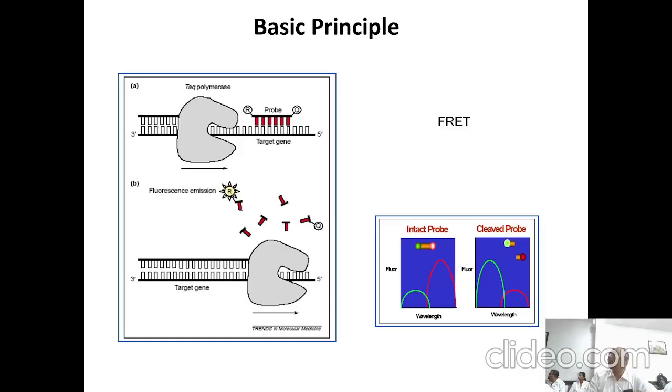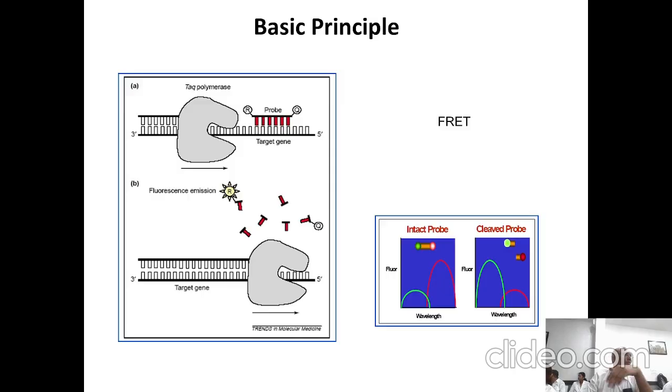You can see here, intact probe, there is no green fluorescence. Now, what does Taq polymerase do? When it replicates the entire DNA, it breaks whatever comes in its way. So the probe is coming in the way of Taq polymerase. It will break the probe. The quencher is detached from the reporter. Now the reporter is like the sun. You can see here the green fluorescence is coming up.